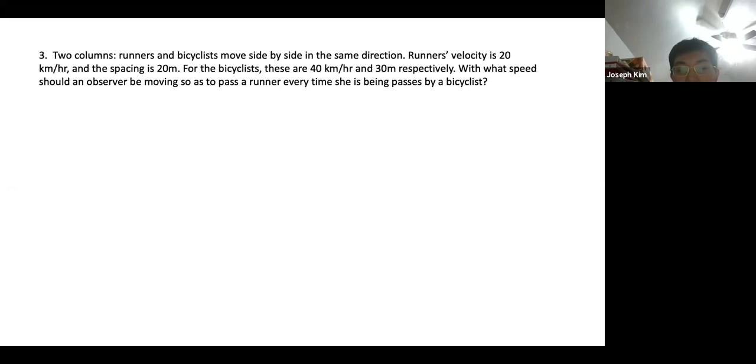They should be running at a speed so that, relative to the runners, they pass those 20 meters in the same time they pass 30 meters with respect to the bicyclists. So the speed difference between the runners and the bicyclists should be in a 2-to-3 ratio because the spacing is also in a 2-to-3 ratio.